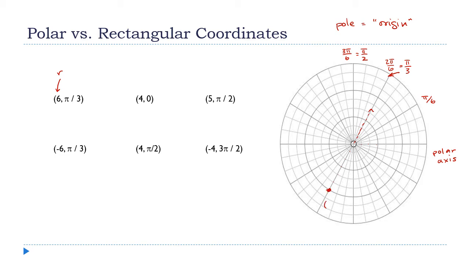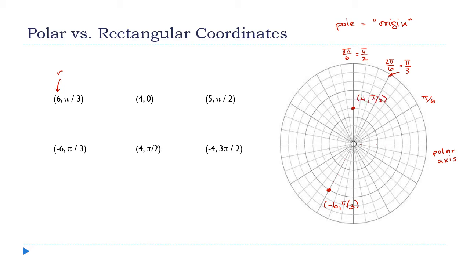And there is the point -6 comma pi over 3. Okay, so how about the next one? 4 comma pi over 2. Well, that one's pretty standard. I'm going to go out 1, 2, 3, 4, and around pi over 2. So that's 4 comma pi over 2.